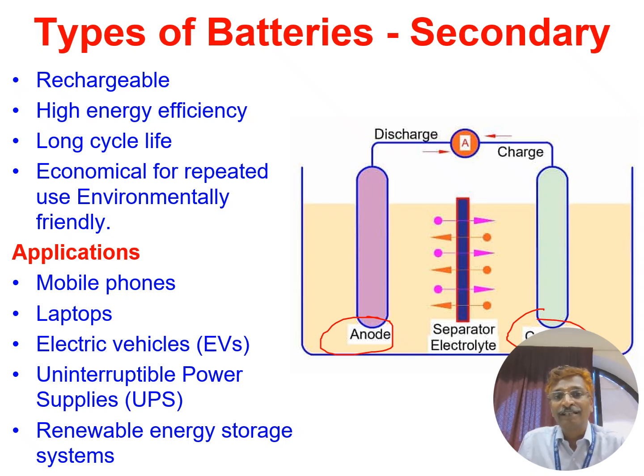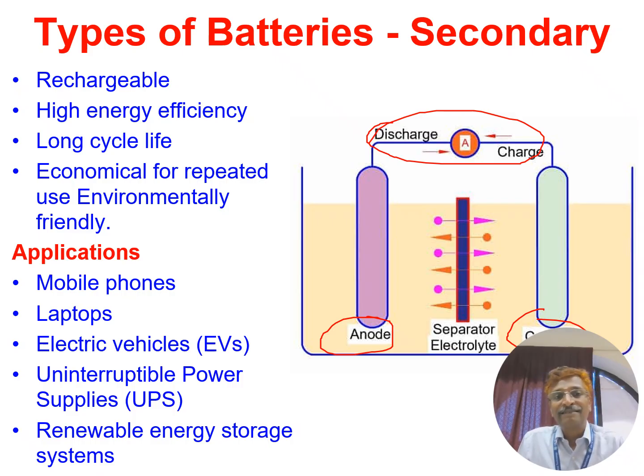Both charging and discharging happen. This is the separator, or the electrolyte. In the presence of the electrolyte, the ions move from anode to cathode and cathode to anode, so that electrons flow through the external circuit and produce electricity.